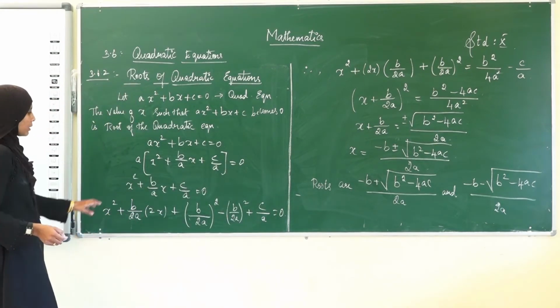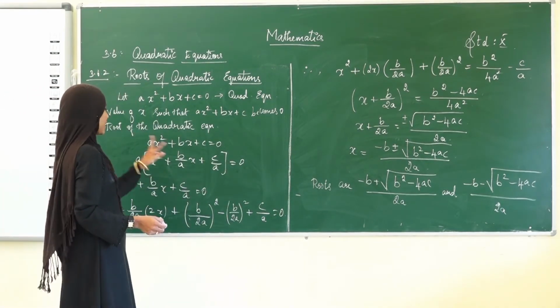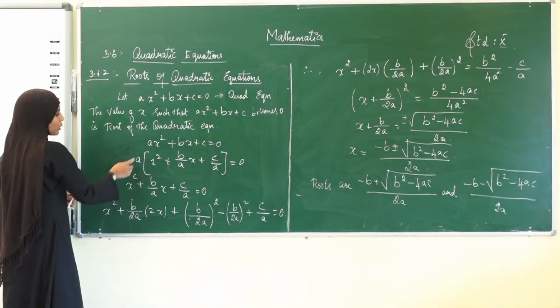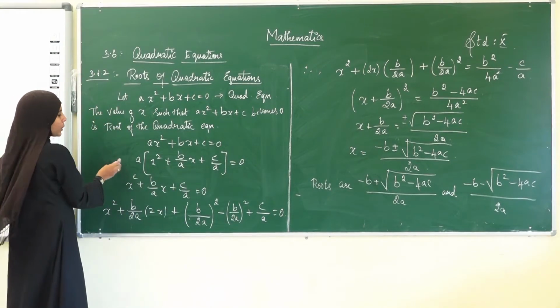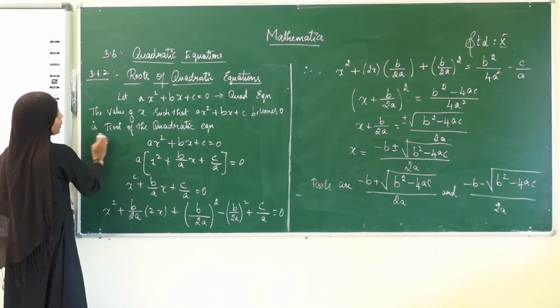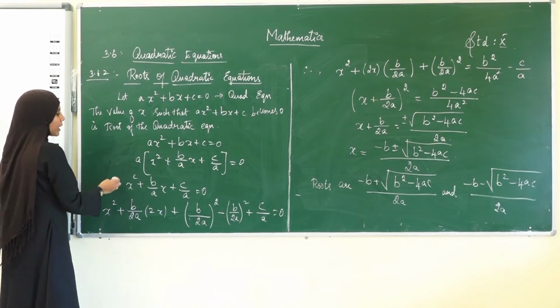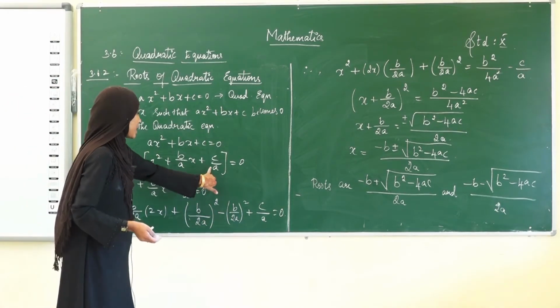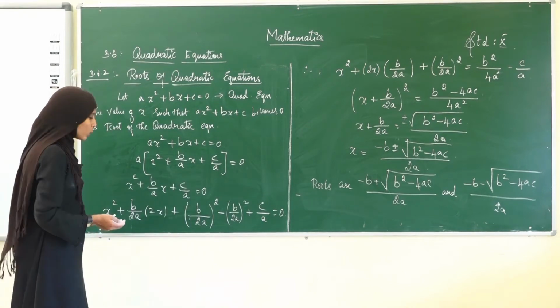So this can be separated as a is equal to 0 and this term is equal to 0. See, this is not necessary for us, since we know that for a quadratic equation a should not be equal to 0, so we are neglecting this. After neglecting this, what we get? x square plus b divided by a into x plus c divided by a is equal to 0.